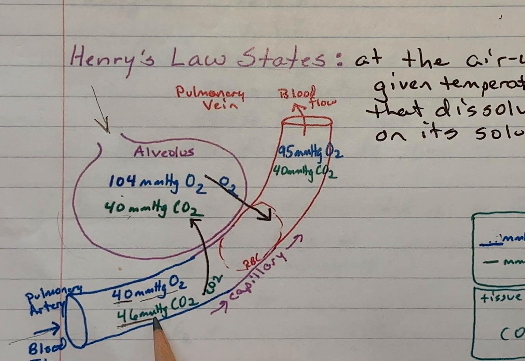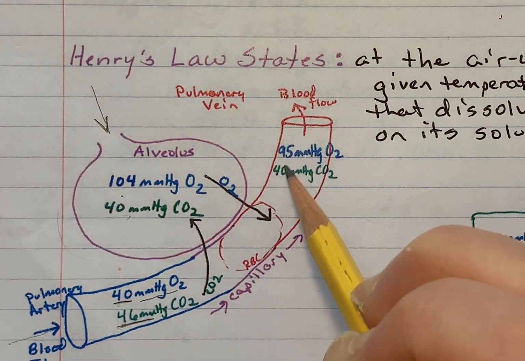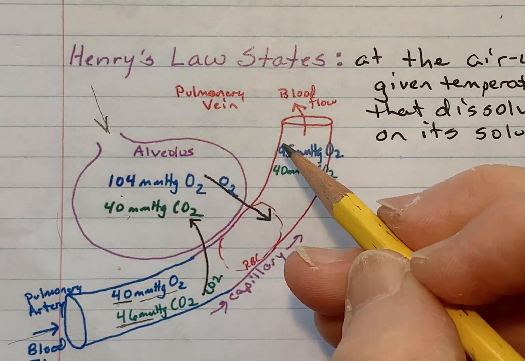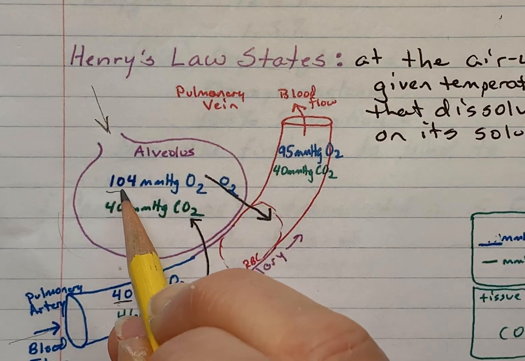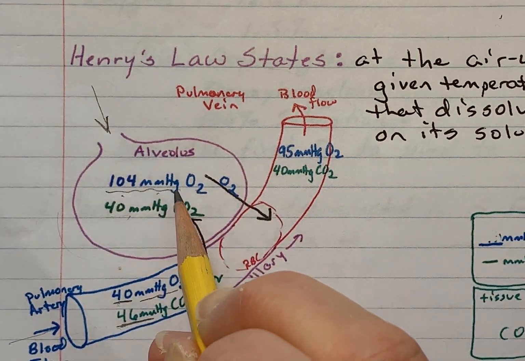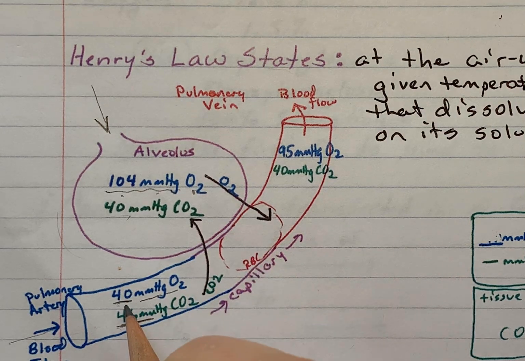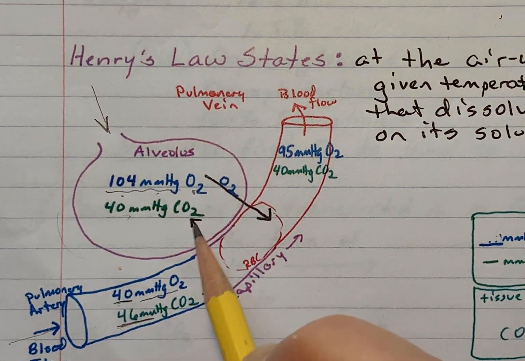Okay, so it's a little high in carbon dioxide, and it's low in oxygen. As these capillaries are laced all around the alveolus, we know the pressure inside of here. So if it's 104 millimeters of mercury inside the alveolus, and this blood just coming through here is 40 millimeters of mercury of oxygen, just like the rock that I showed you, it's easier to go from 104 to 40.